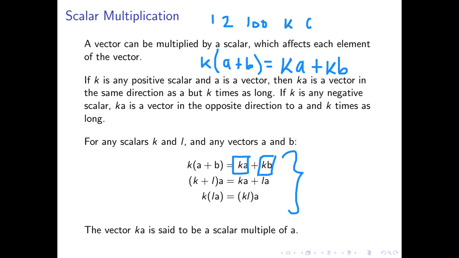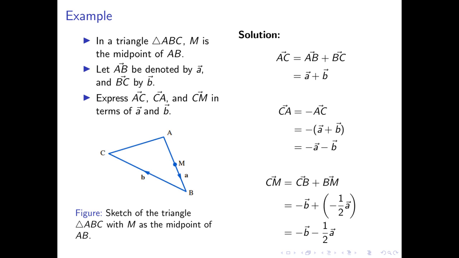we stopped. We stopped here at scalar multiplication. So we want to go on with scalar multiplication and see the following examples. The example here is in a triangle ABC, as you can see in the figure below.